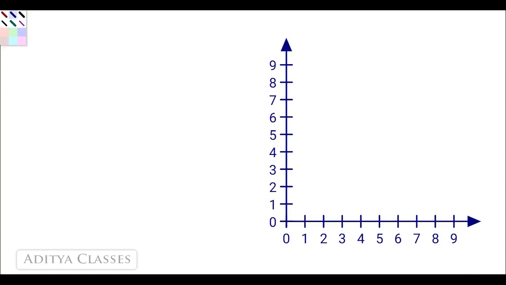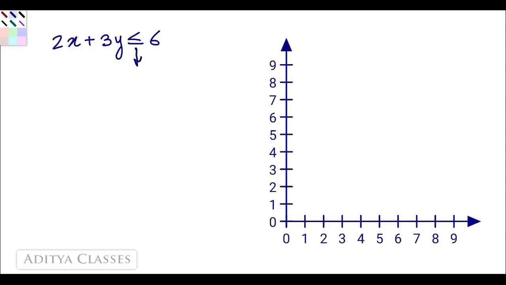Let us say this is our system, and because this is our first question, let me take an example. Suppose we have been given a constraint of 2x plus 3y less than equal to 6. How do we plot this constraint on this graph?